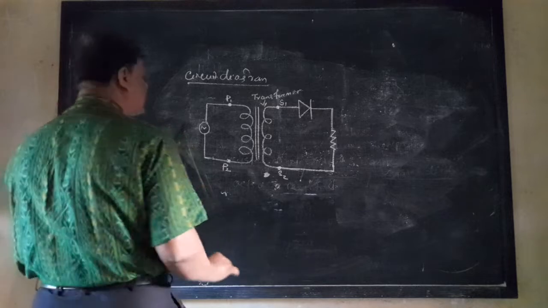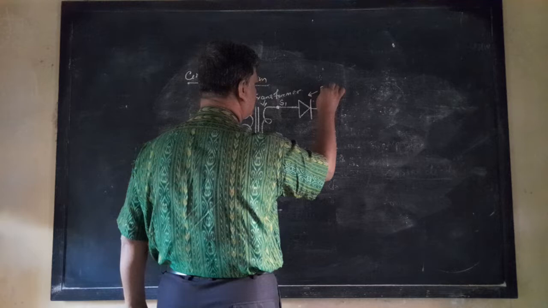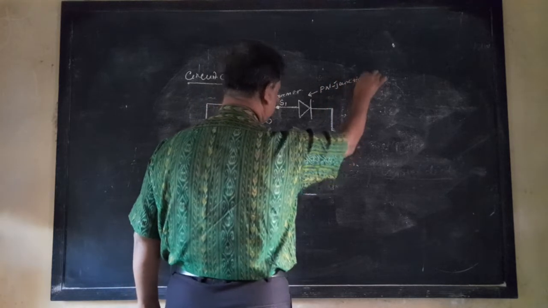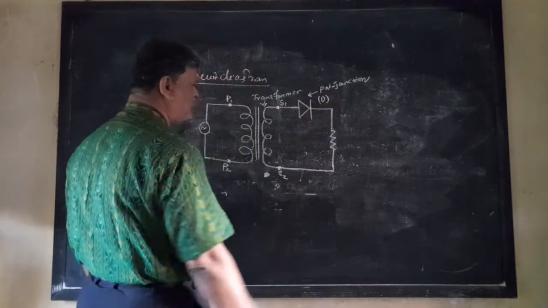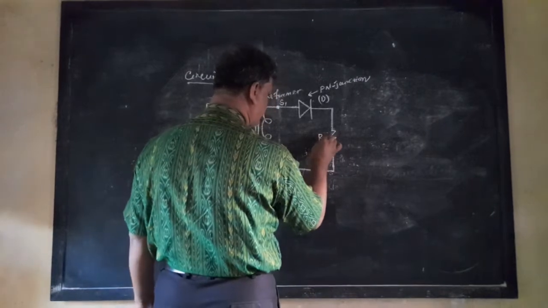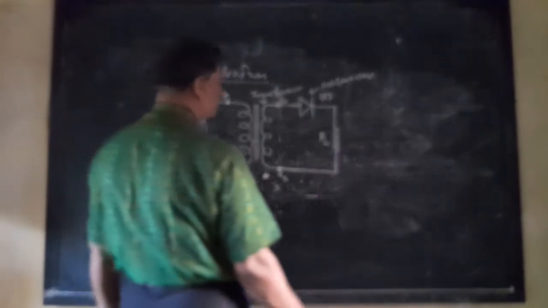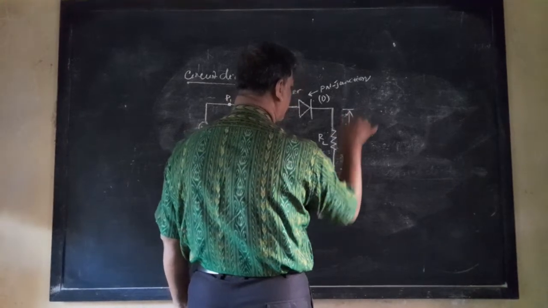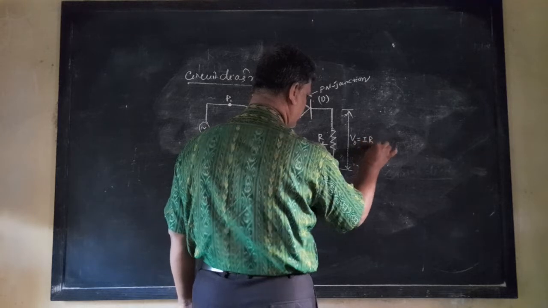Then this is your PN junction, the crystal diode D, and this is a load resistance across which we find the output. The output V0 is equal to I into RL.